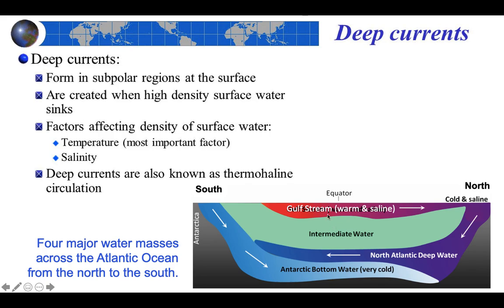So these different water masses, deep water current systems, have different density structures and different temperatures and salt contents, and that's why they do not mix up much at all. They form these distinct layers.